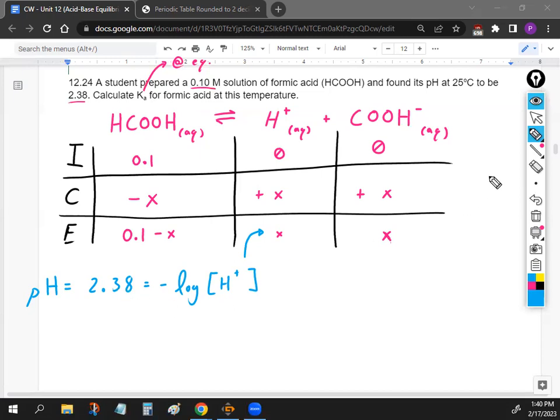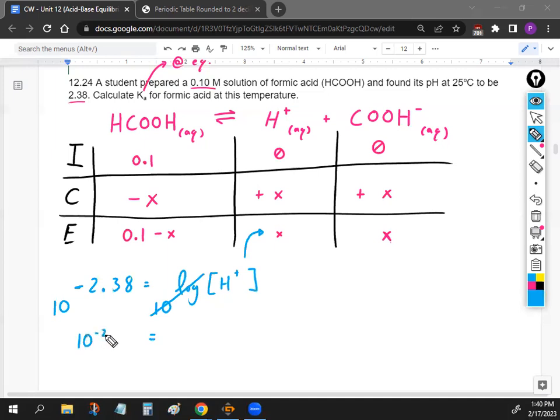We're going to start off by isolating the H plus. So we get rid of the negative sign and move it to the other side, basically what we did earlier, negative 2.38. If we want to get rid of the log, we need to put everything to the power of 10.